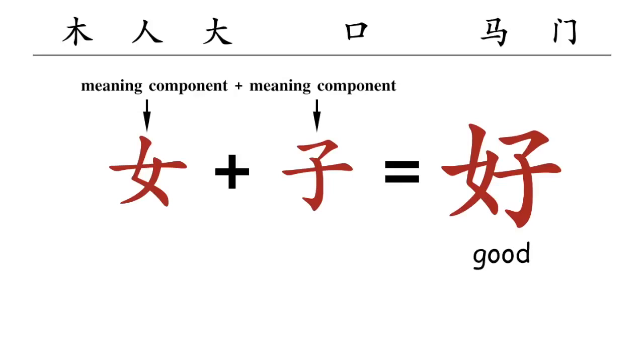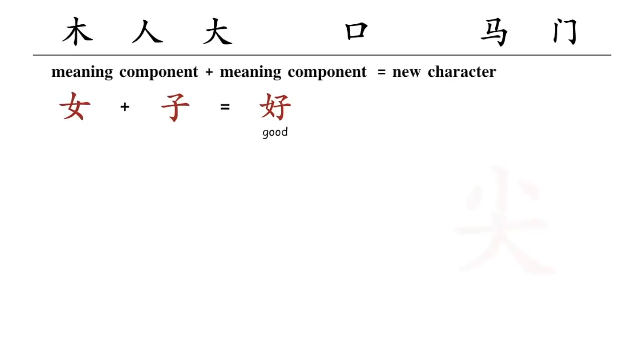Okay then, what is the structure of the character in the second category? We have meaning component number 1 plus meaning component number 2. Then we get a new character. Let's see one more example. In this character, one meaning component is on top, the other down below.